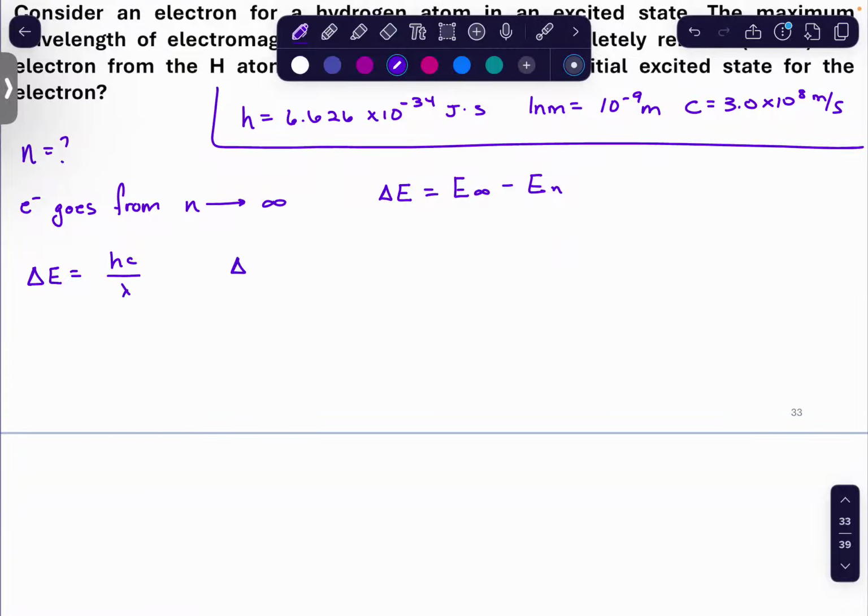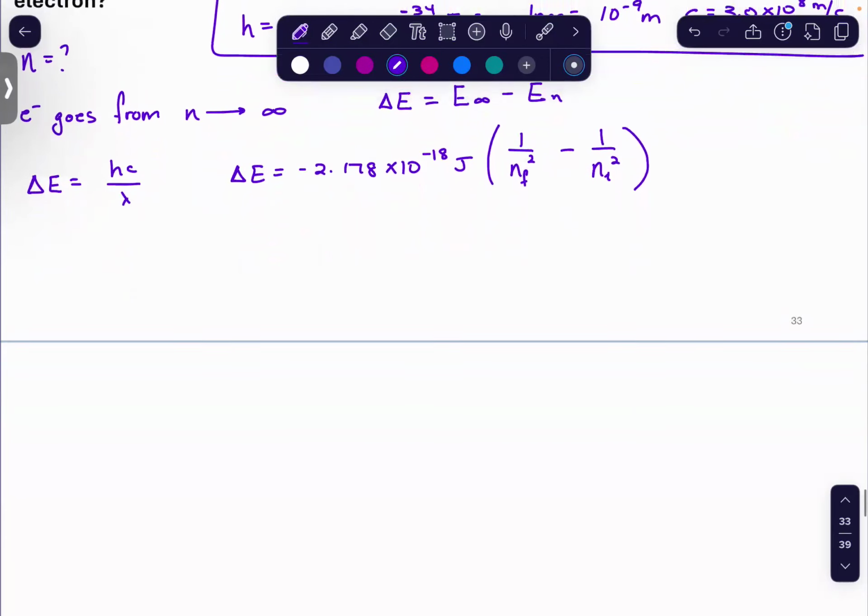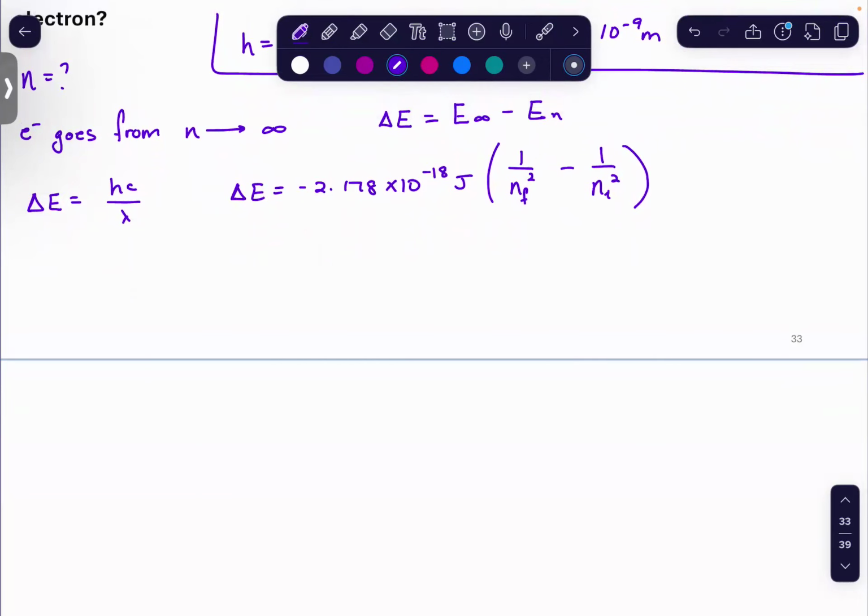We also know delta E is a negative 2.178 times 10 to the negative 18th joules times 1 over n final squared minus 1 over n initial squared. Since these are both delta E, they're going to equal each other. We'll end up being able to solve for n using hc and lambda.